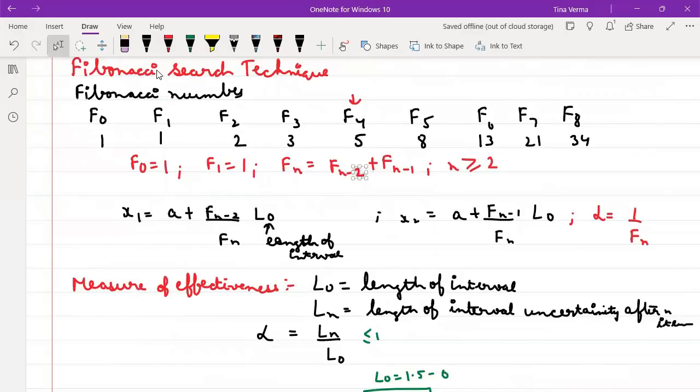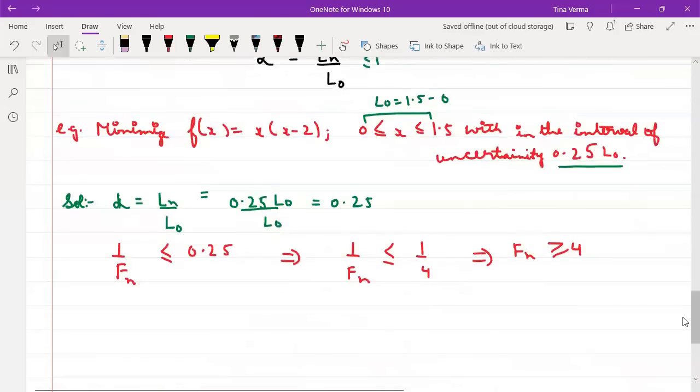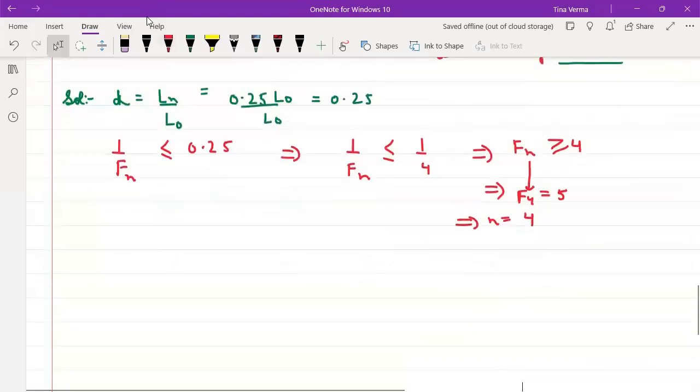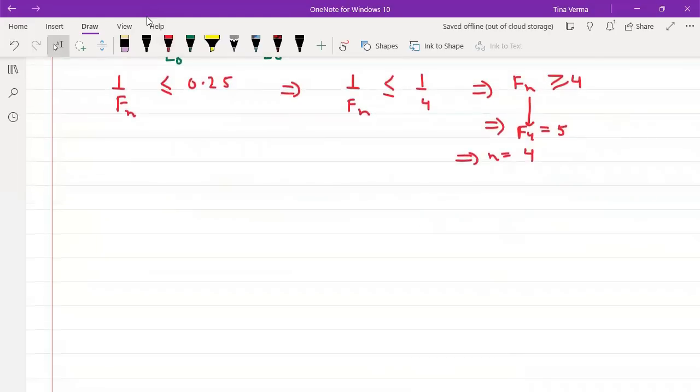That means F4 is actually 5, right? And 5 is greater than 4, which implies n is 4. Fine. So that means you have to do at least 4 iterations.